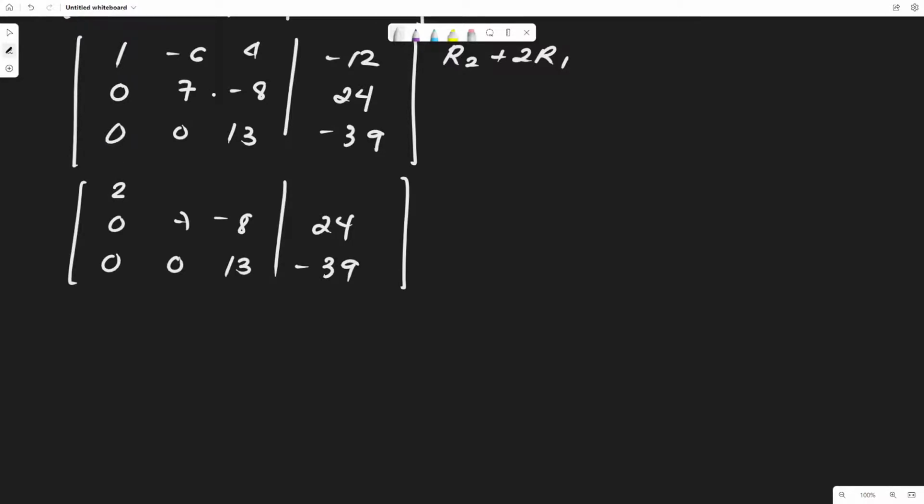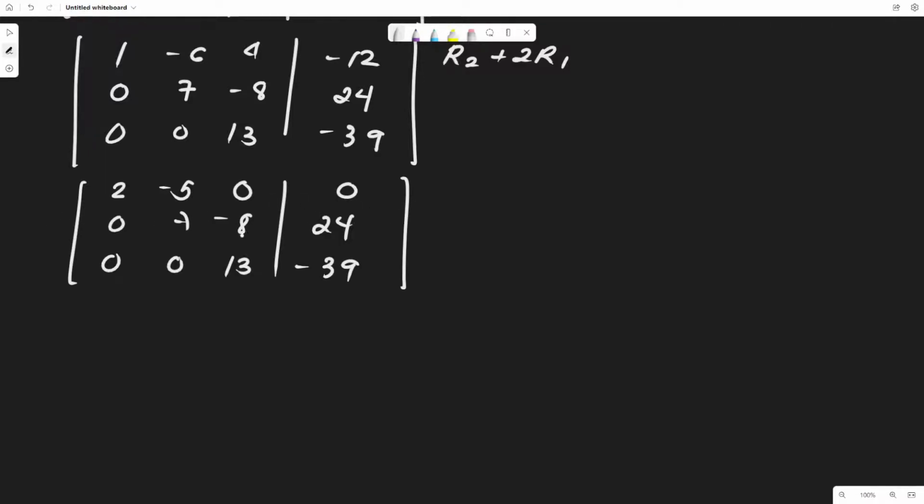Then, 7 minus 12. So, that is negative 5. 7 minus 12 is negative 5. Then, this will become 0. So, negative 8 plus 8 ang lalabas kasi. Then, we have here 24 plus negative 24. So, this is 0. Ayan. So, obviously, this will become 0 na.